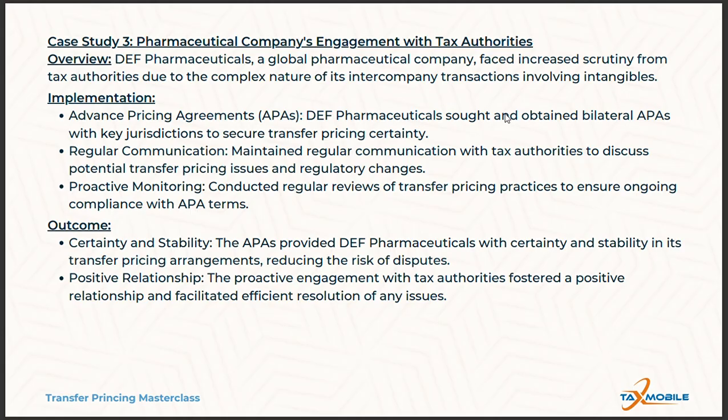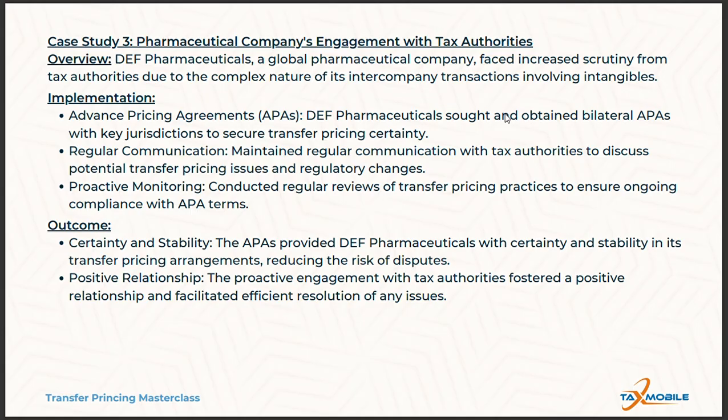By obtaining this advance pricing agreement and maintaining open lines of communication, DEF Pharmaceutical achieved certainty in its transfer pricing arrangement and minimized the risk of audit or adjustment. That is the outcome. So transfer pricing risk management is very, very crucial.